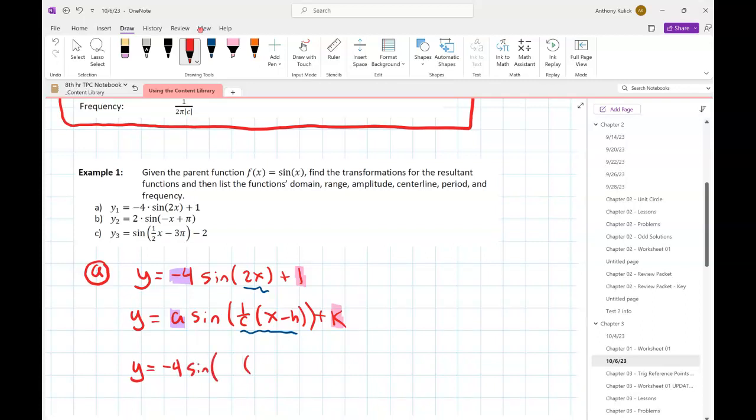So I notice that there's nothing being added or subtracted to my 2x. So hopefully it's pretty easy to see that the H should be 0, right?